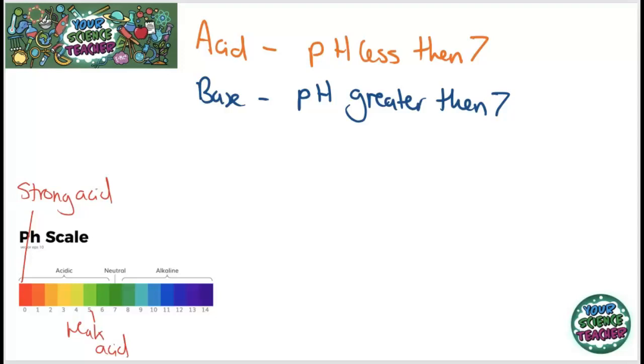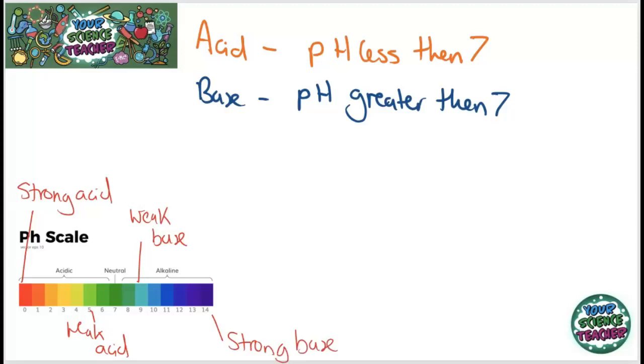Then we have our weak bases, which have a pH of around 8 or 9. And then we have our strong bases, which have a pH of 13 and 14.